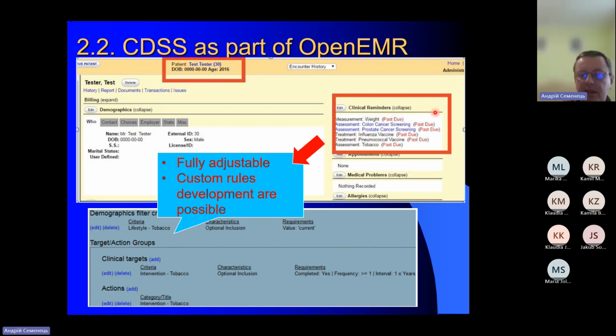CDSS clinical reminder provides insights about what has to be done, kind of assessment, measures, treatment, and so on, as you can see here. So again, it could be hidden under a different name. Sometimes it's explicitly presented as CDSS, sometimes another term is used, but it's definitely CDSS.